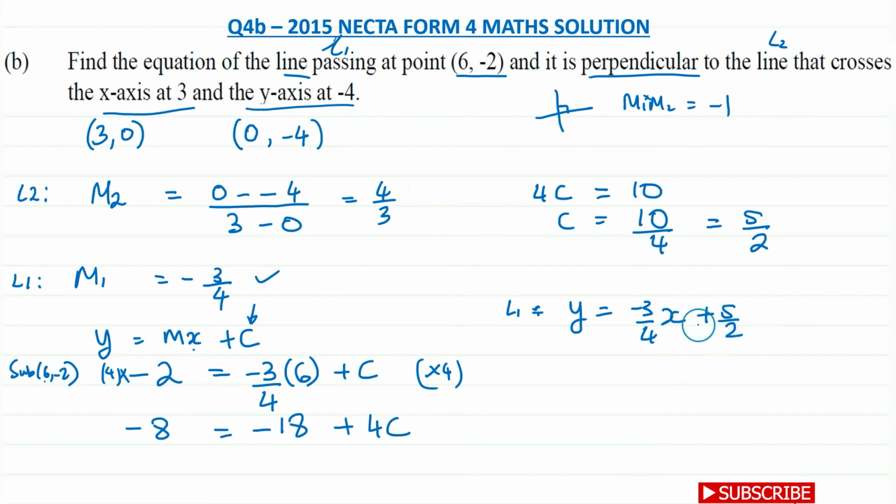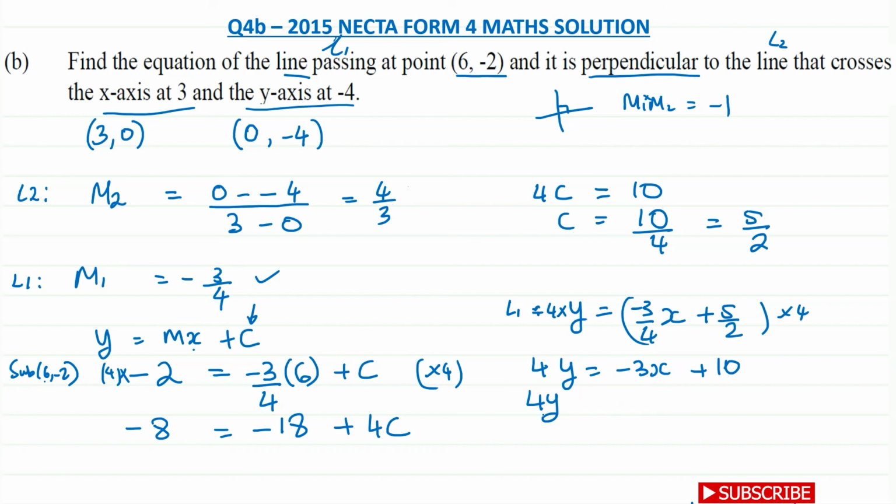You can leave it like this, or you can multiply by 4 throughout, so as not to have the fraction. So then I'll have 4y equal to -3x plus 10.